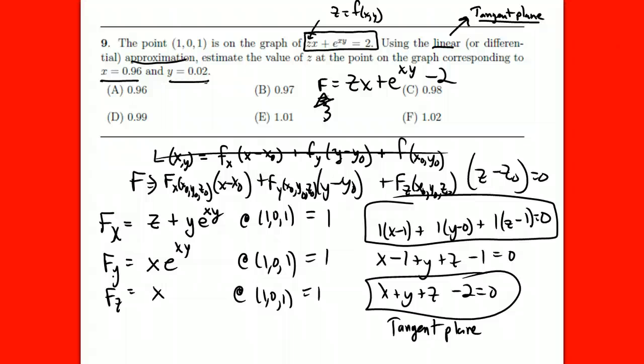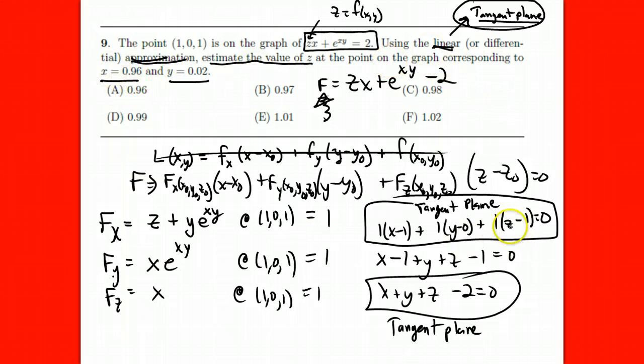So the point is that instead of this version of the tangent plane, I should go with this version of the tangent plane. Because what I'm doing is plugging into a linear approximation, code word for tangent plane, and I want to estimate the value of z for this point.